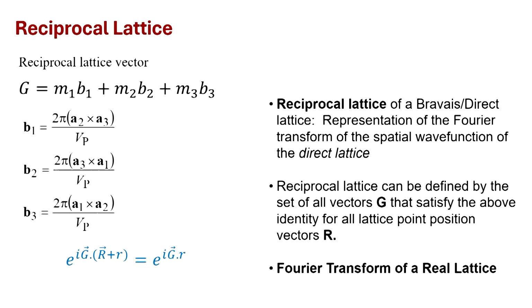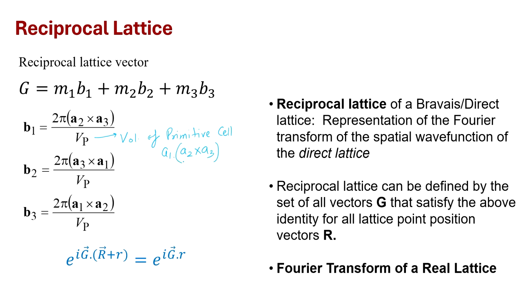The reciprocal analog of this is called the reciprocal lattice vector, which is given as G, and G is M1 B1 plus M2 B2 plus M3 B3, where B1 is 2 pi into A2 cross A3 divided by Vp, where Vp is the volume of the primitive cell, which is A1 dot A2 cross A3.